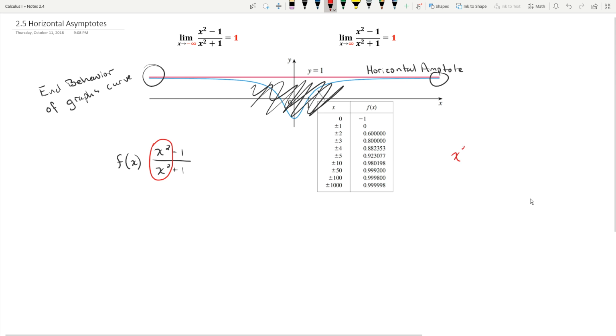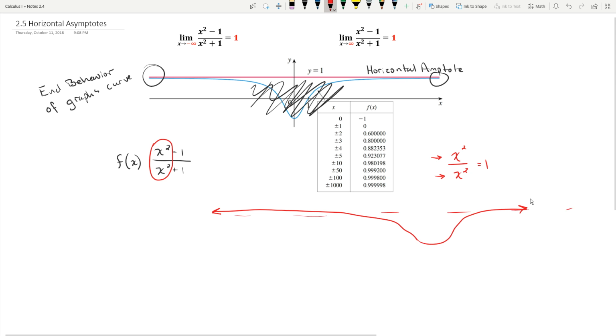If we have x squared divided by x squared, you can immediately see that no matter what our input is, we're going to get 1. And that tells us that our end behavior of the graph should get closer and closer to, but never get any higher than, 1.